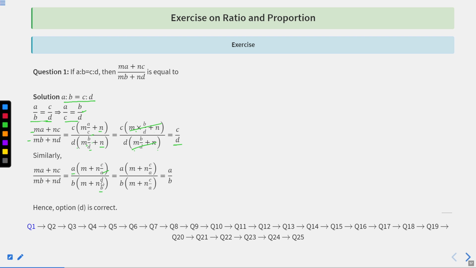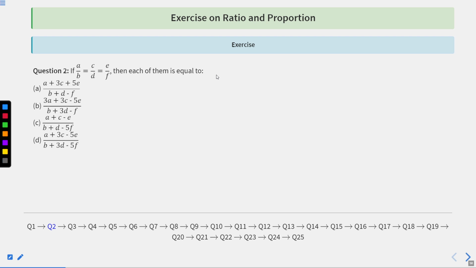And if you substitute the value of D upon B, that is equal to C upon A, then you will have A times of (M plus N into C upon A) upon B times of (M plus N times C upon A). And you can see this thing and this thing will get cancelled. So here you will have A upon B. Hence the correct option is D.